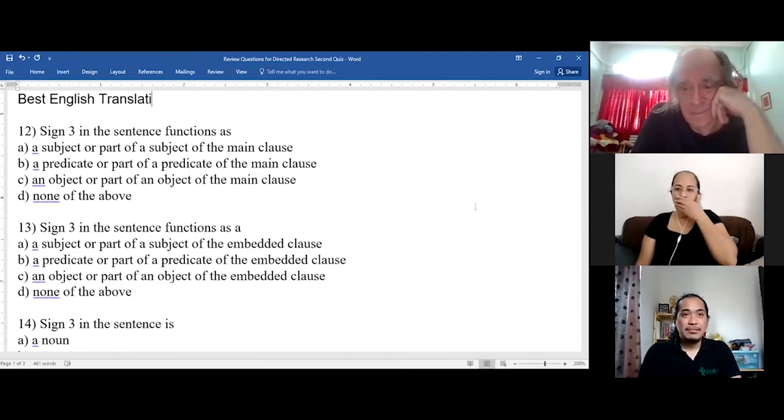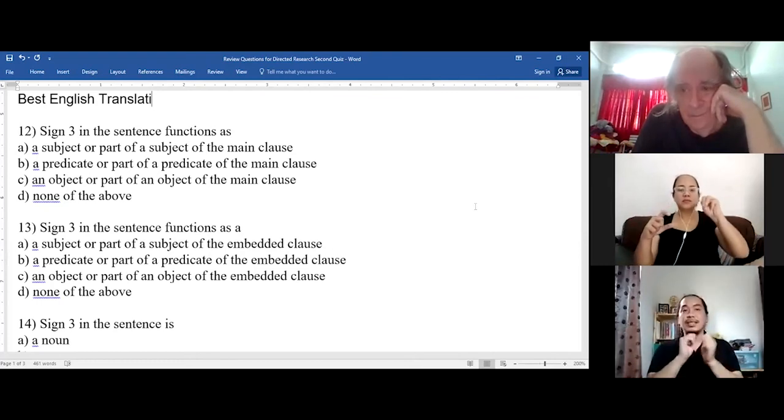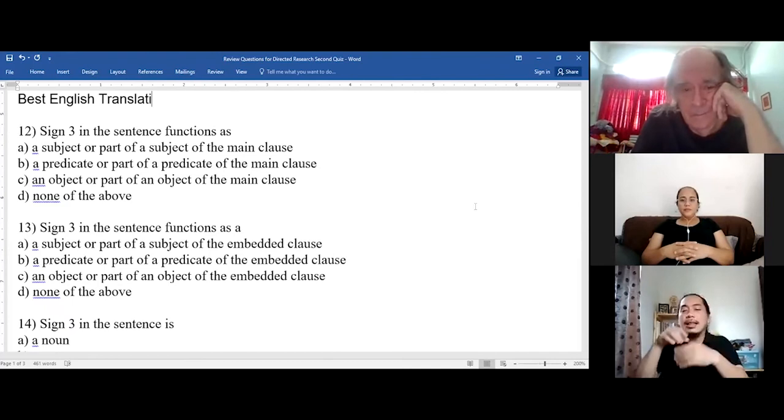But if it's embedded, then what's the answer? A? Or is it still D? Peebs is saying no, no, no, no, no. The embedded clause, the sign together is a predicate, right? For the embedded.